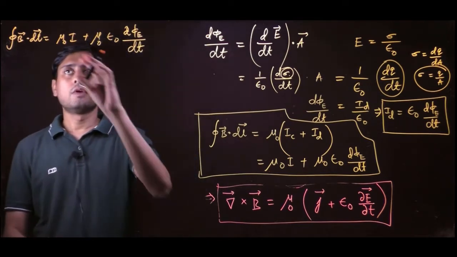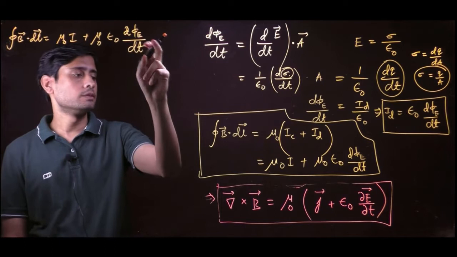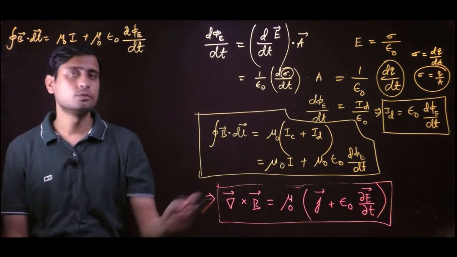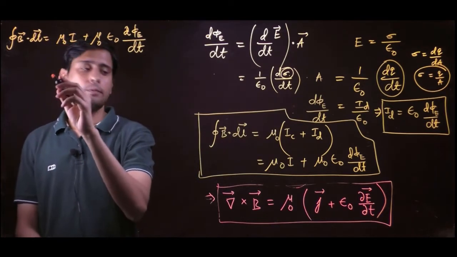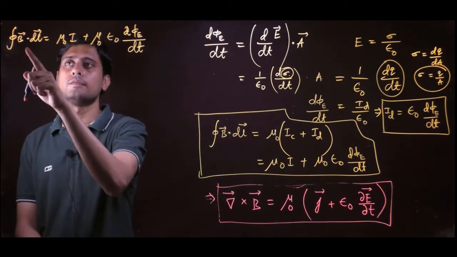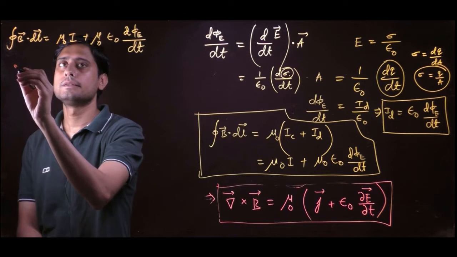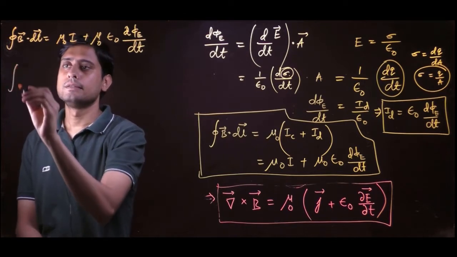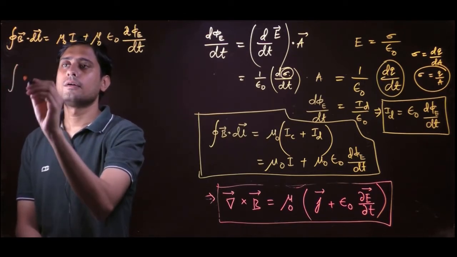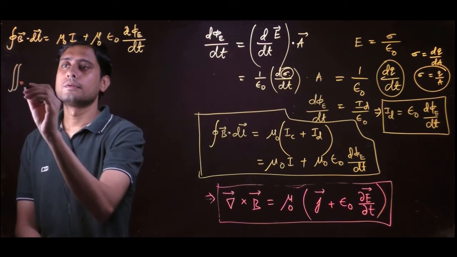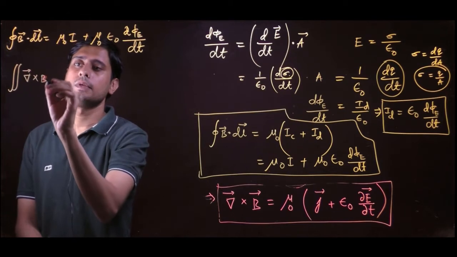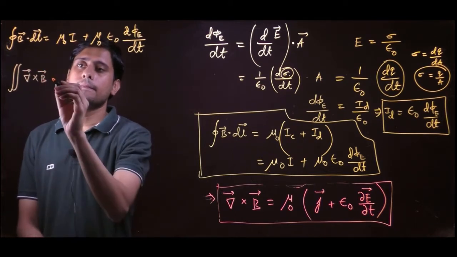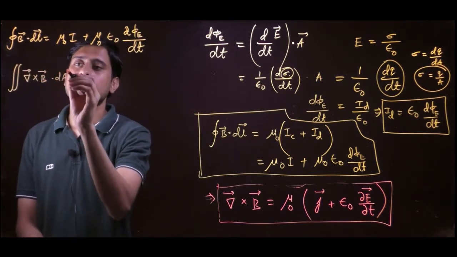So our aim is to convert this equation to its usual form. So you must take a curl of this. You will have to write the left hand side as the curl of this. So we have to take del cross B dot dA.